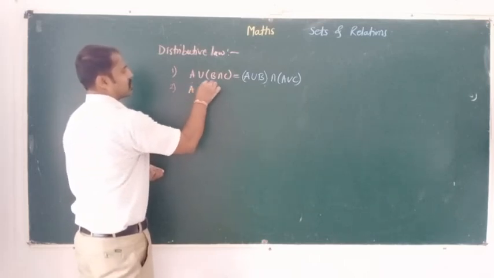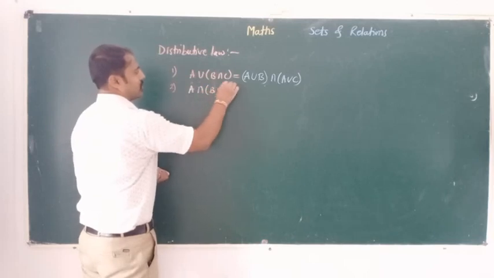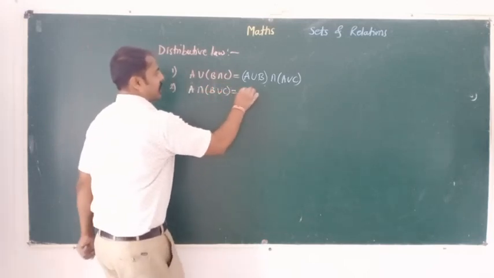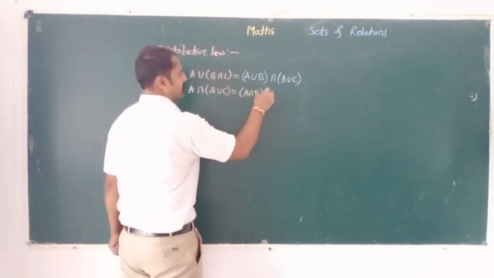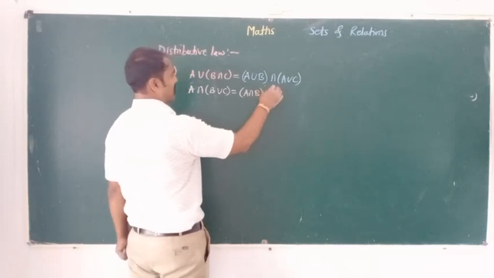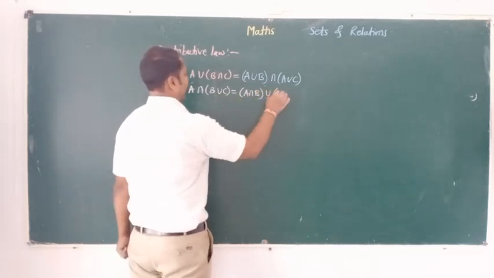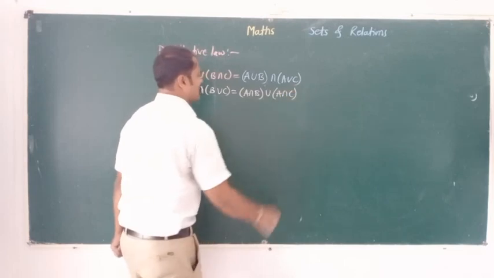A intersection with B union C is nothing but A intersection B union with A intersection C.